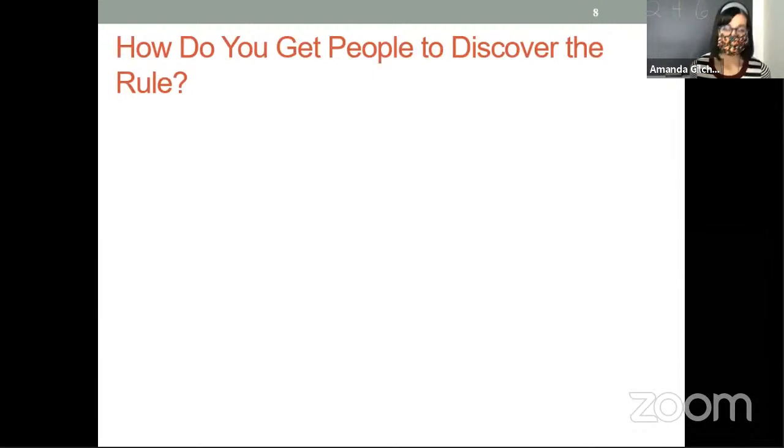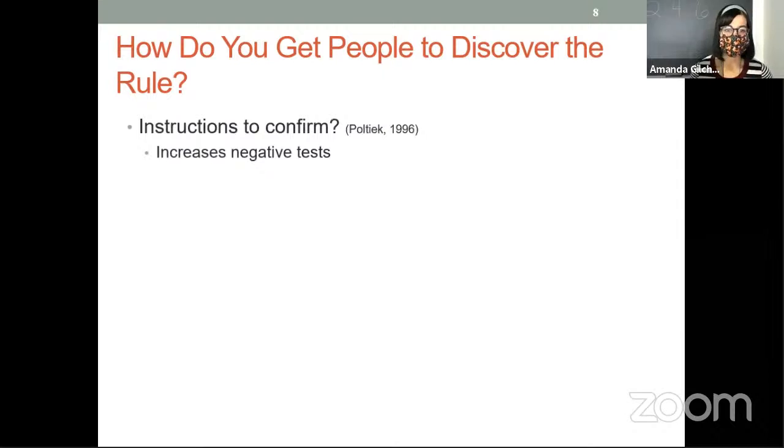So how do you get people to discover the rule? Poletiek in 1996 found that when people get explicit instructions to try to confirm with different tests, it actually increases the number of negative tests. So people generate rules and then they're told, hey, that's not correct.